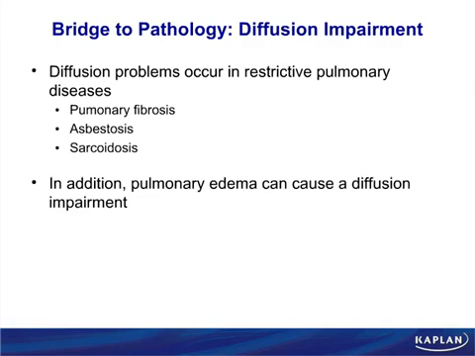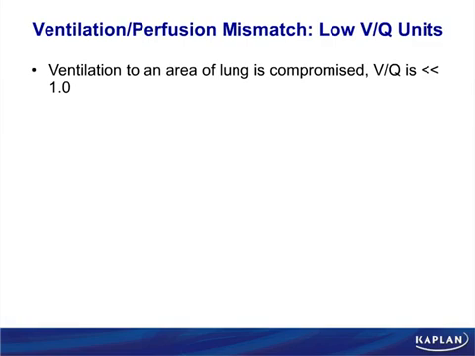So here's the things to look for on step 1 that can cause a diffusion impairment, cause hypoxemia as a result of a diffusion impairment. Third thing that can cause hypoxemia is VQ mismatch from low VQ units. So we could have a portion of the lung in which ventilation is compromised.